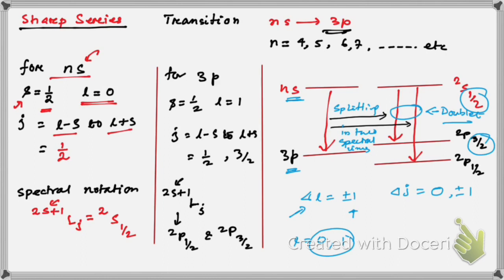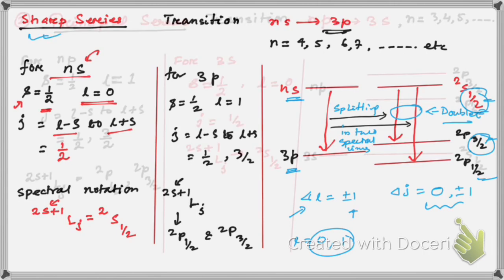If you subtract half from 3 by 2, you're going to get 1, and if you subtract half from half, you're going to get 0, right? And for both values, the transition is possible. So here we have got two spectral lines, fine structure, right? So this is a doublet. This is about the sharp series.